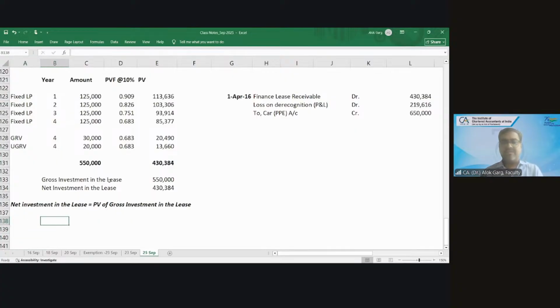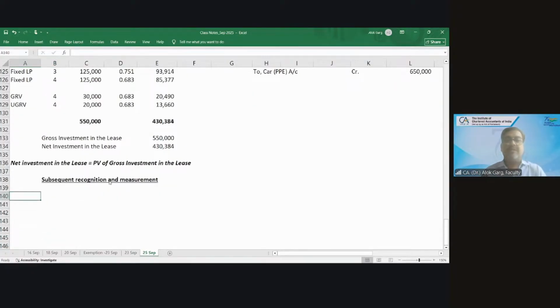This was the initial recognition and measurement. Now, subsequent recognition and measurement. Initially, I created a lease liability schedule in the case of the lessee. But now, in the case of a lessor, I have to create a finance lease receivable schedule.